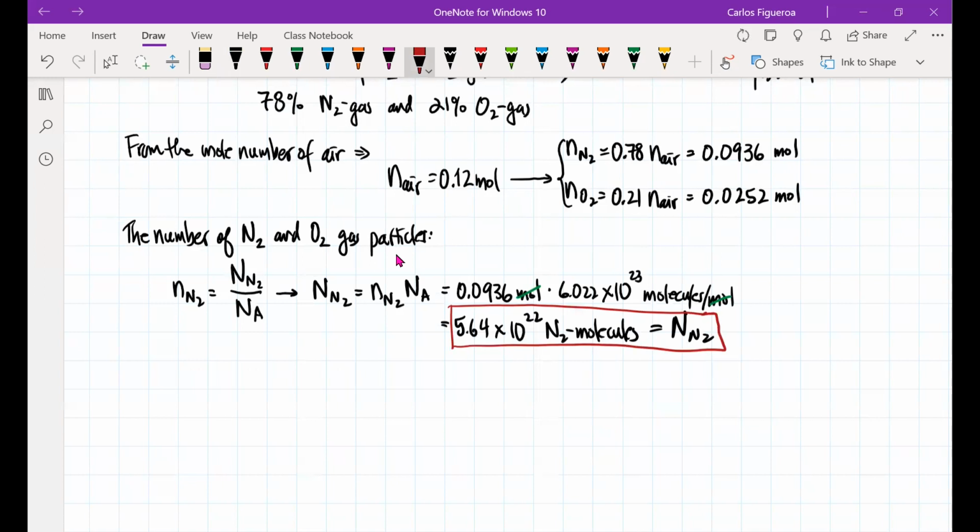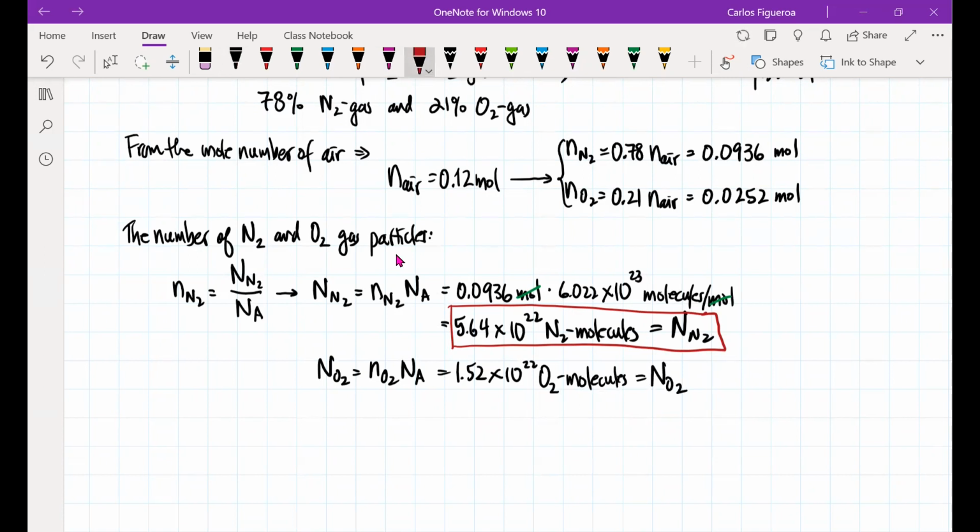To get oxygen, I'm going to follow the exact same process. The number of O2 is the mole number times Avogadro's number. If I plug in my numbers, I get 1.52 times 10 to the 22 O2 molecules.